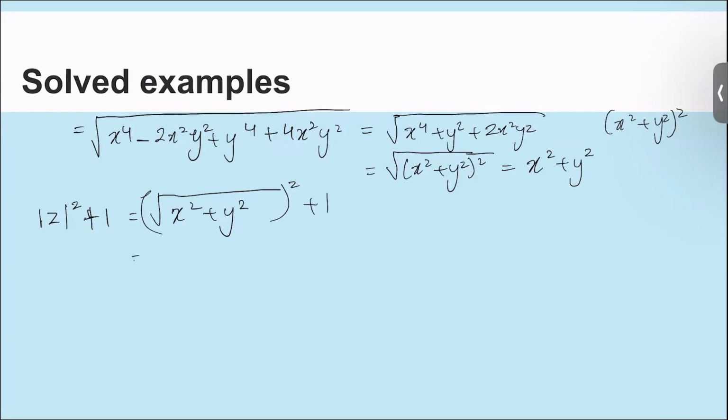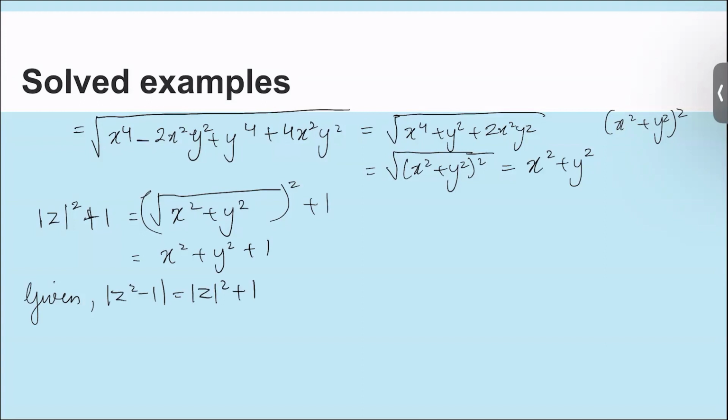So then this becomes x squared plus y squared plus 1. Now we are given that the modulus of z squared minus 1 is equal to the modulus of z squared plus 1.